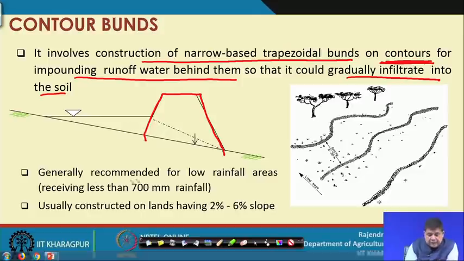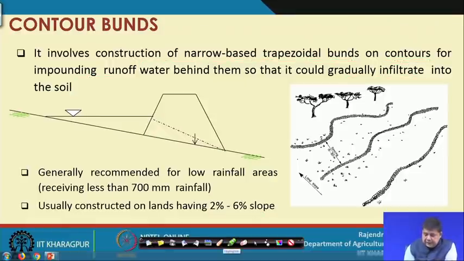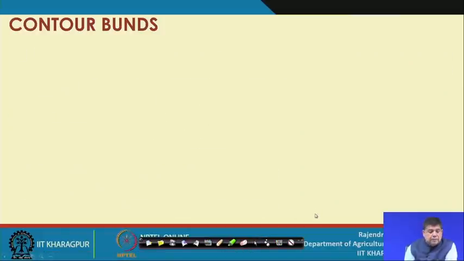They are generally recommended for low rainfall areas receiving less than 700 mm rainfall, which we have already seen in adaptability, and usually constructed on lands having 2 to 6% slopes. In any case, slope should not be more than 8%.